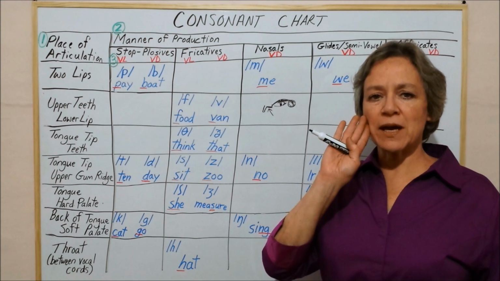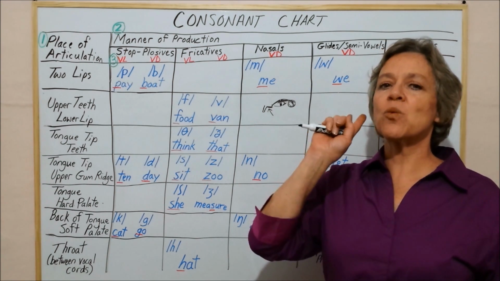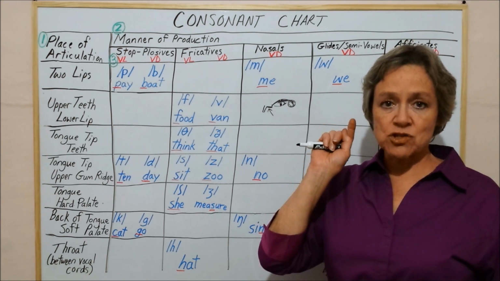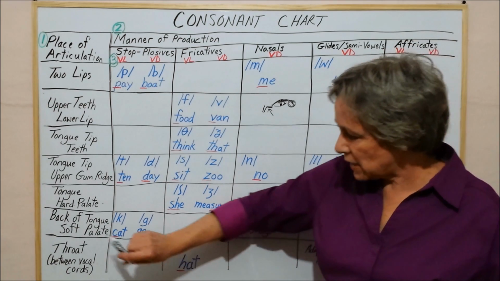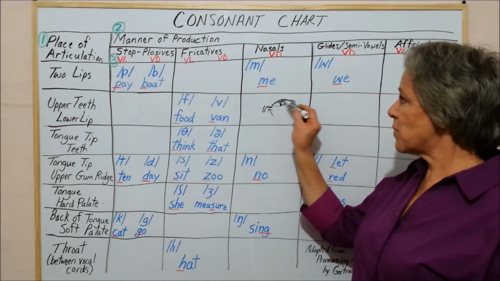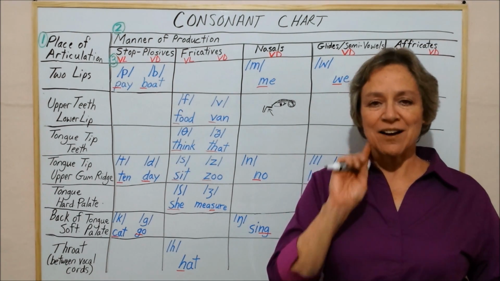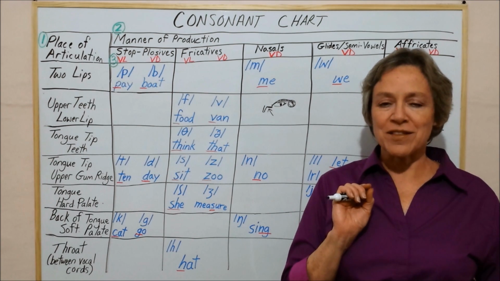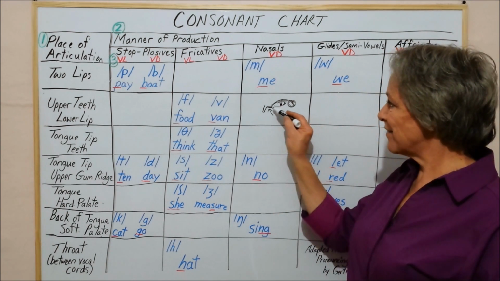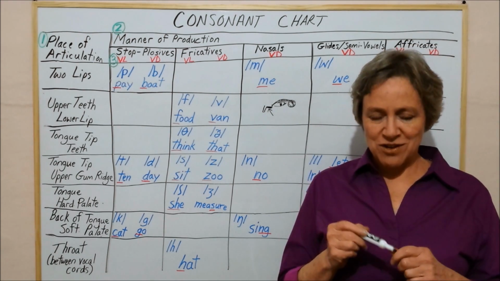If you can reach way back in your mouth with your tongue, if you put your tongue way back and touch the top of your mouth, it should feel soft. That's the soft palate, and I have that down here, soft palate. But the first part, this is a horrible picture, but the first part of the roof of your mouth is hard, and it's the hard palate, okay? But before that, just behind the upper teeth is the upper gum ridge, okay?